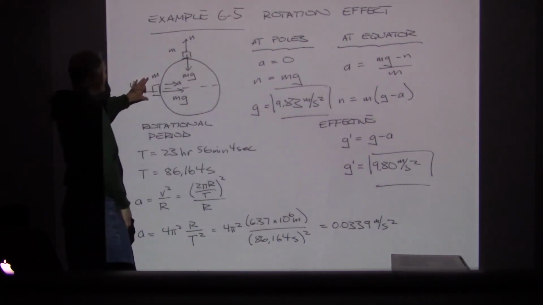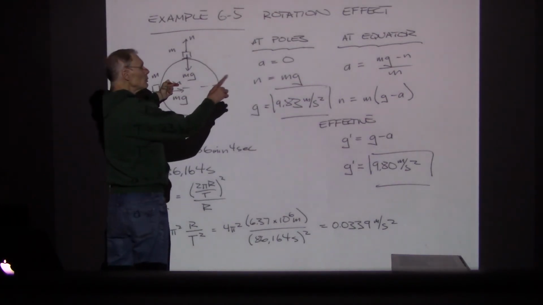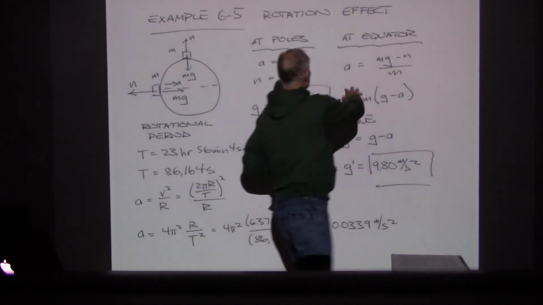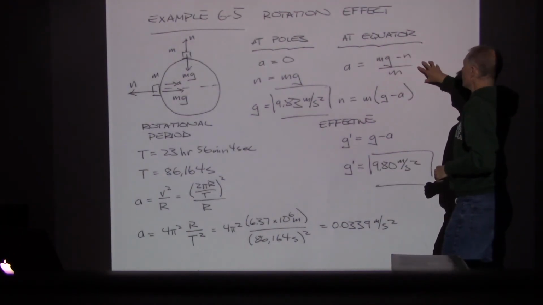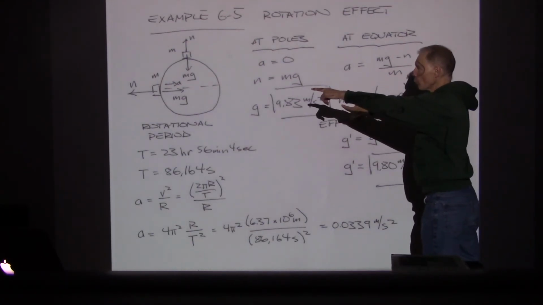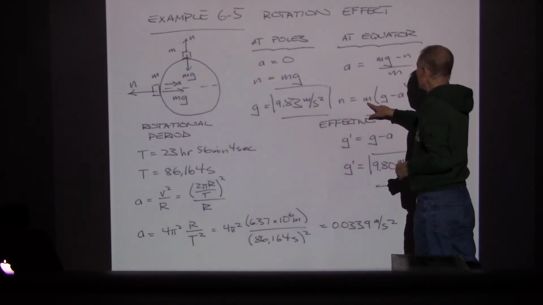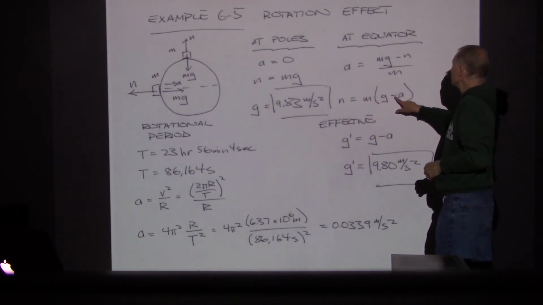If we go back to this object at the equator, there's an acceleration in this direction. The acceleration is a result of net force divided by mass. When we solve this for normal force, we find that the normal force is going to be less than gravity, and it's going to be less by this amount. It's going to be mg minus ma.